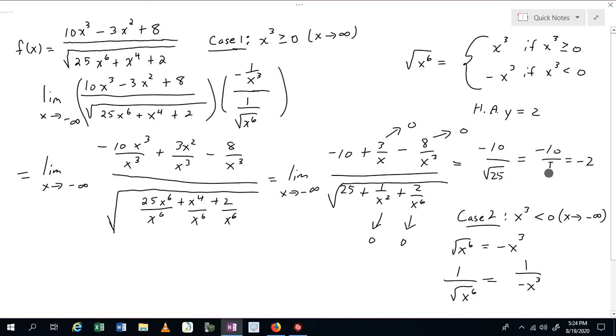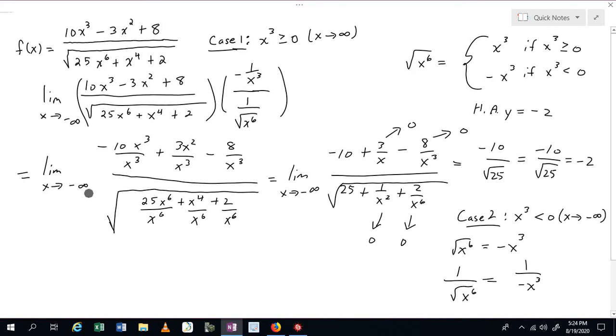So notice that the difference between case 1 and case 2 is simply a minus sign. And that should make sense because in case 2, we introduce this minus sign here because of this piecewise function. Okay, so now we have a horizontal asymptote at negative 2.